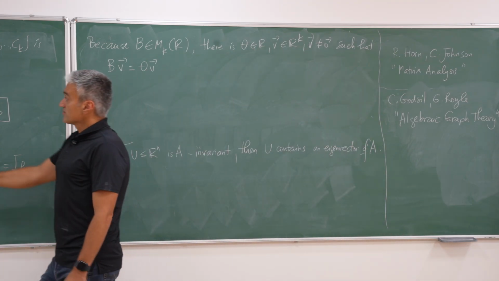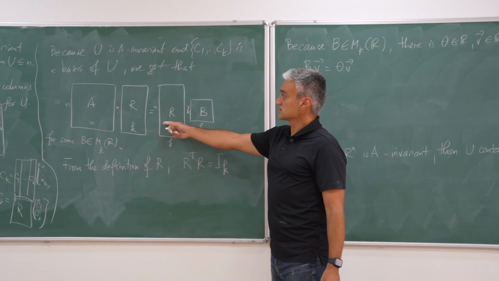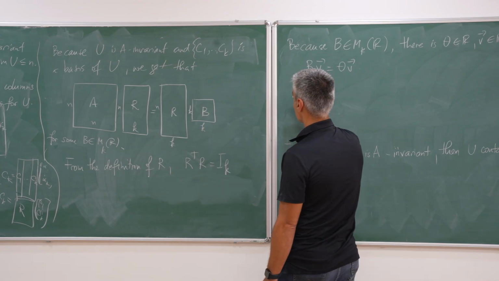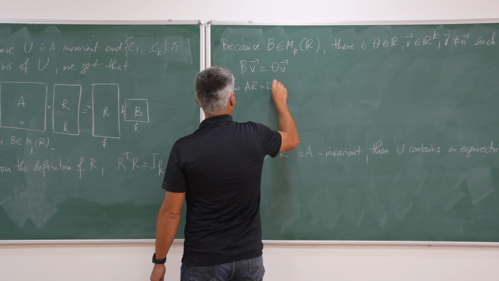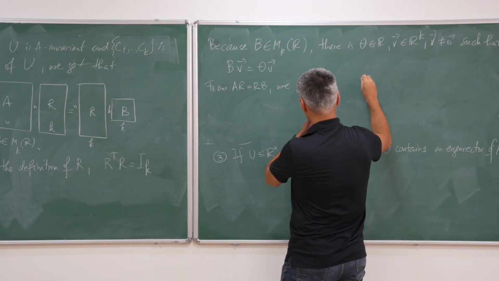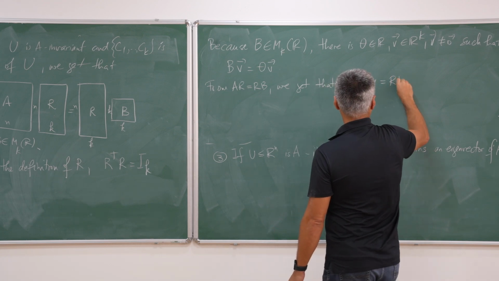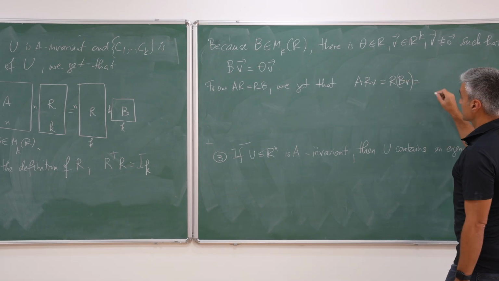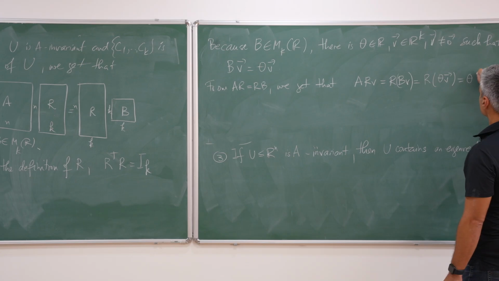And now I have AR equals RB, so we just take this equation and multiply both sides by V to the right and see what happens. So from AR equals RB, we get that ARV equals RBV, and now the BV gets replaced by theta V, and this is going to be theta times RV.